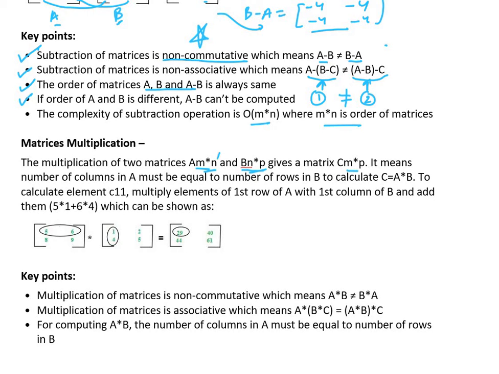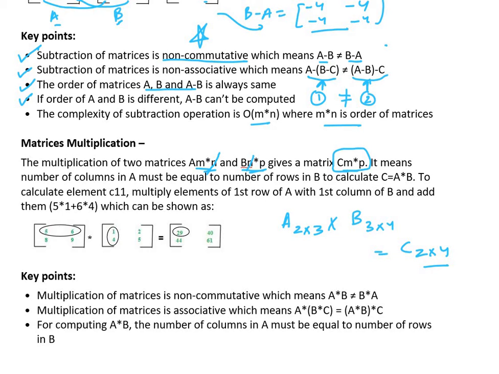So here the common n will get removed and we'll get a matrix of different order m cross p. For example, if we have a matrix A of 2 cross 3 and B of 3 cross 4, what we will get is a third matrix of order 2 cross 4, right? So this is the important point to be noted for matrix multiplication.